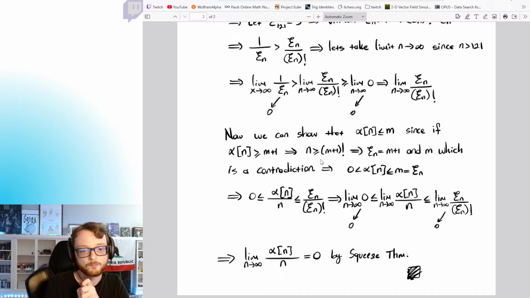It's all just a grind with this stuff, so if it'll happen, it'll happen. So alpha of n is bounded between 0 and m, which is also Psi sub n.